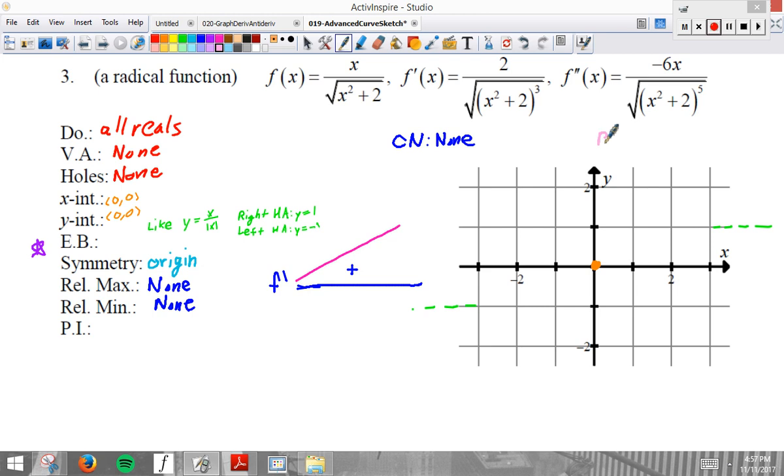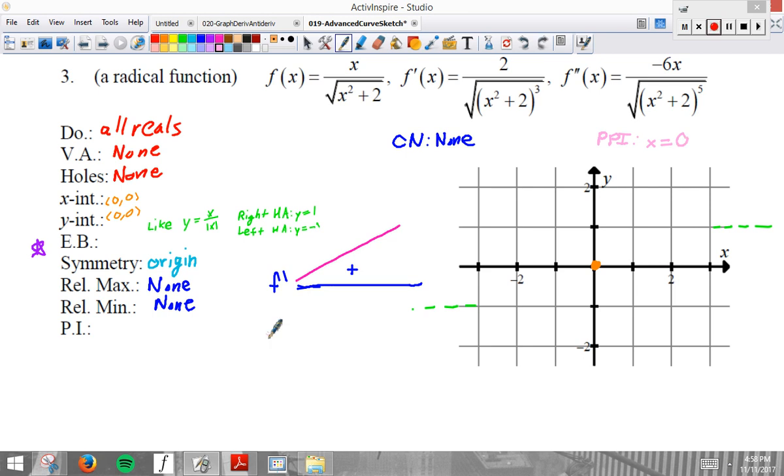Possible points of inflection. What kind of values can make f double prime equal to 0? We set the top equal to 0, and we notice that x equals 0 is the only possible value. What kind of numbers can make the bottom equal to 0? Nothing.